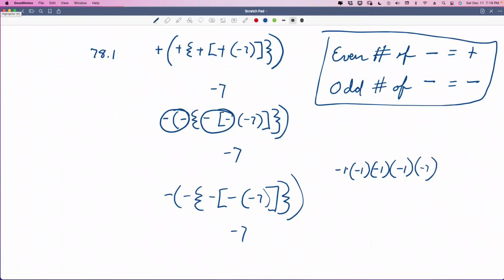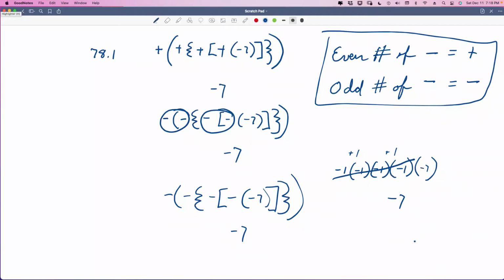Right? 1, 2, 3, 4. Those are even, so they go away. You're left with -7. -1 times -1 is +1. So it'd be +1 times +1. Doesn't matter, still gives you -7.